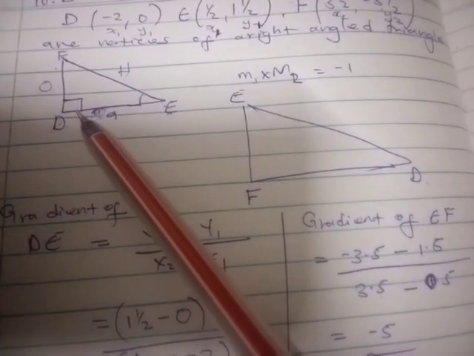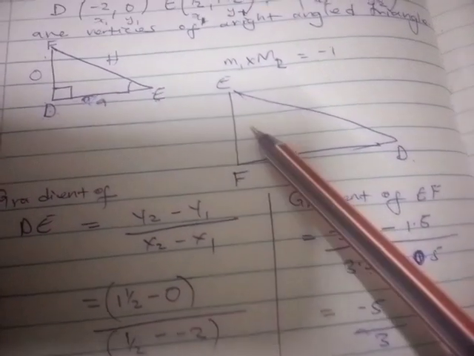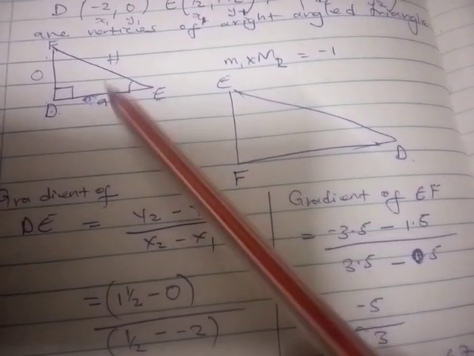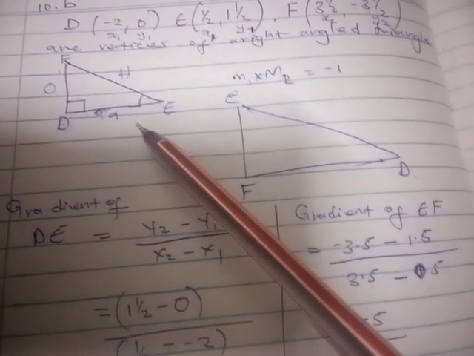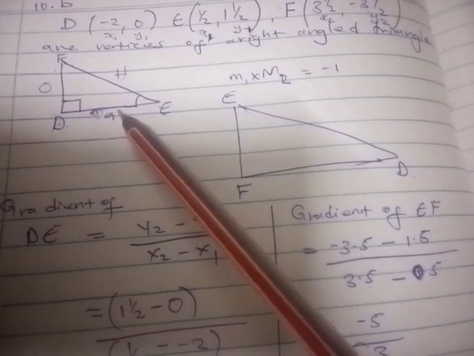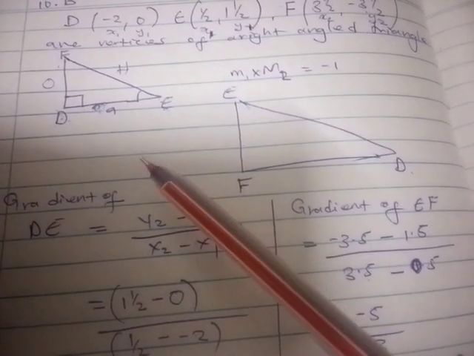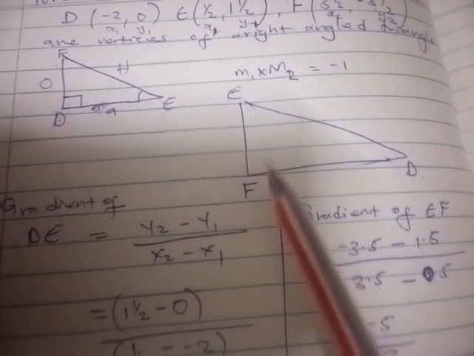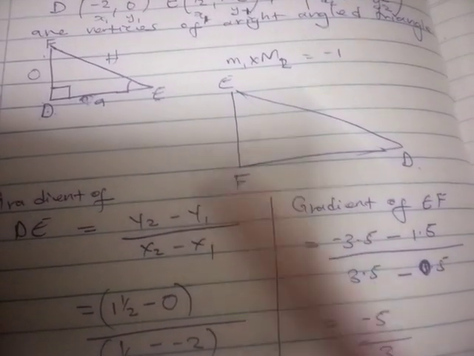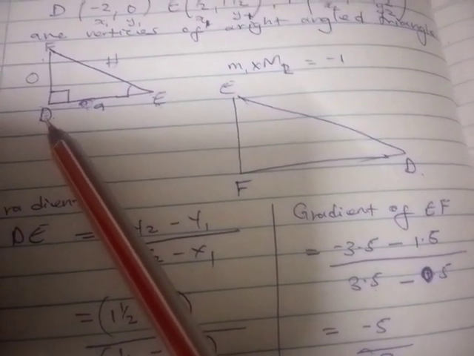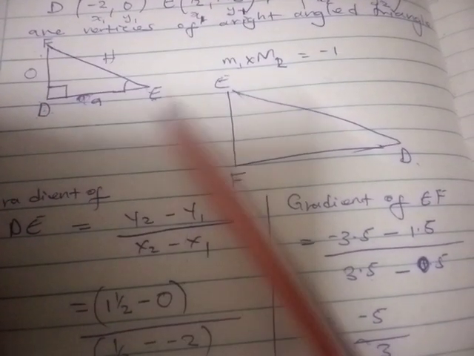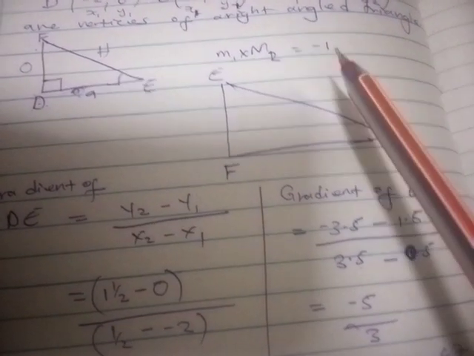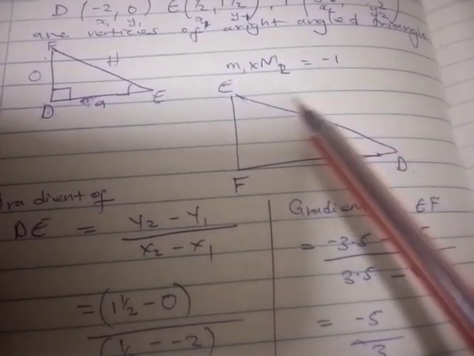Okay, to avoid the confusion, remember, like I said, someone can draw a triangle like this, name it like this, and also another one, name it like this. So this method can somewhere lead you to a wrong answer. So what you will have to do is find all the distances. You get a distance DE, you get a distance DF, we also get the distance FE. Then you compare and see which one is the shortest distance, and then you answer the question.